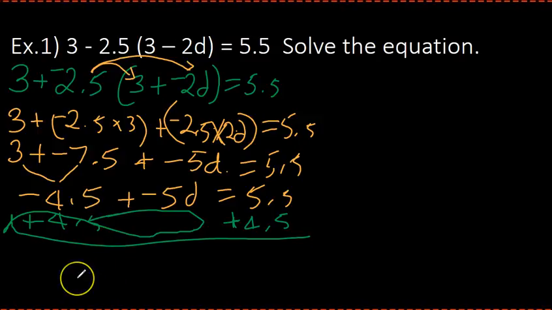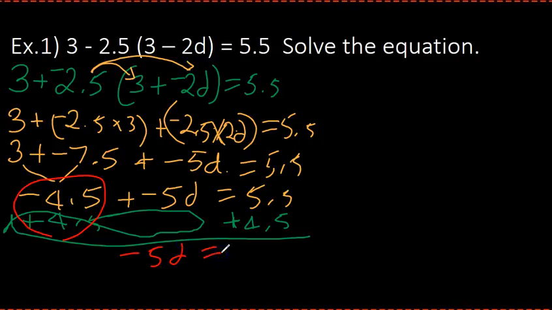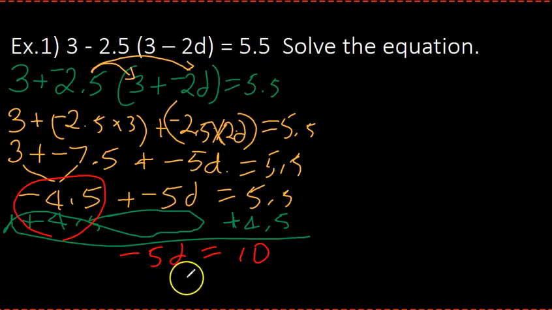Okay, so this becomes 0. We are left with negative 5d equals, so negative 5.5 plus this will give us positive 10. Now this is down to a very simple equation that we are used to solving. So how do we get d by itself?